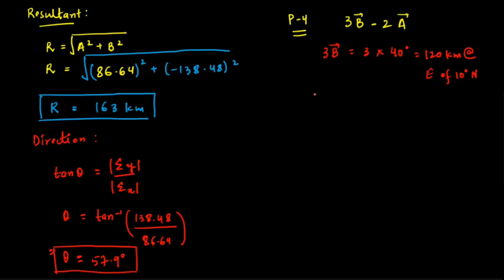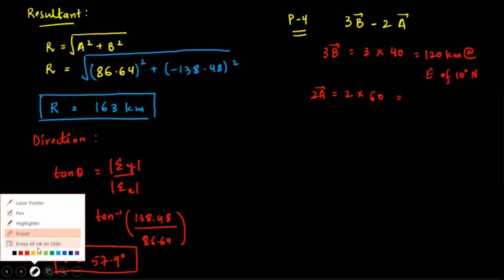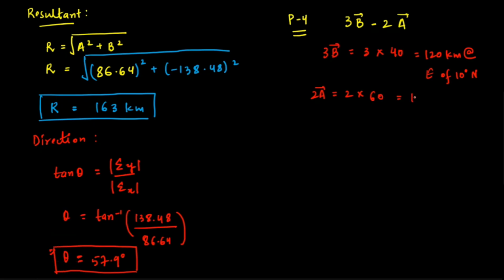Now we'll find vector 2a. So 2a is going to be twice of vector a, and vector a is given as 60 kilometers, not degrees. So it will give us 120 kilometers at north 20 degrees of east.